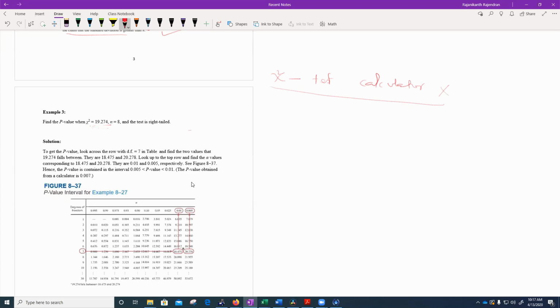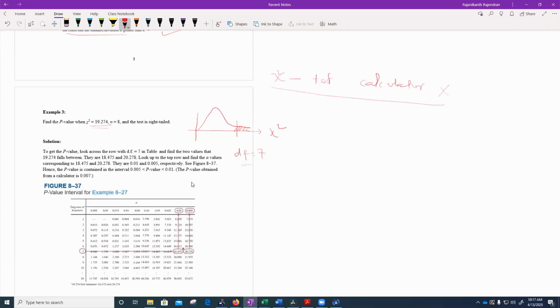If you look at the picture, they are telling us it is a right tail test. Remember, I'm in chi-square, so this is right tail. This is my chi-square distribution. The degrees of freedom is n minus 1, n is 8, so it is 7.